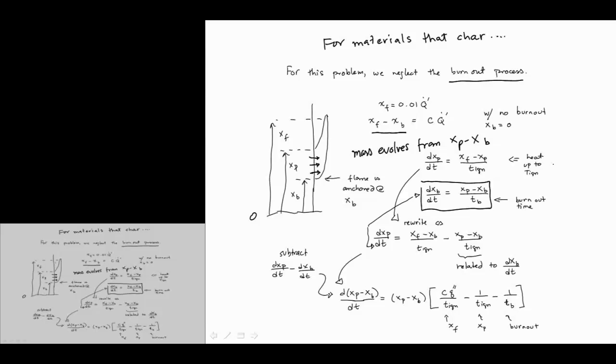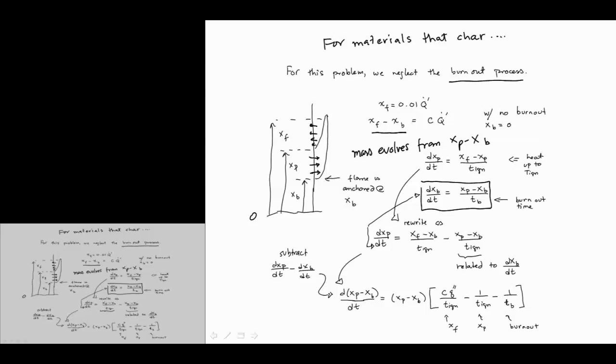Again, that's our heating process. But we're going to cast xf minus xb in terms of xp minus xb over T ignition.